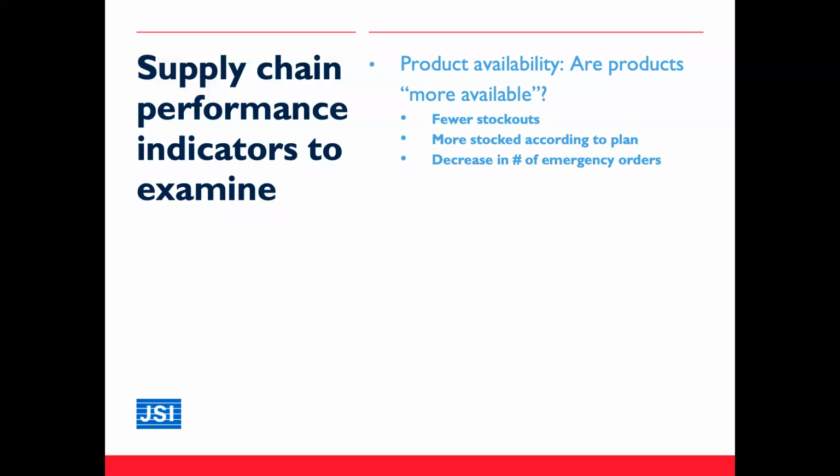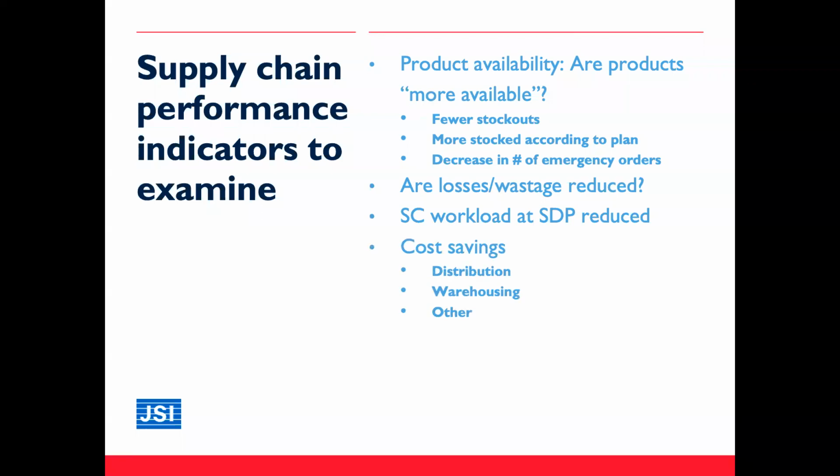Or has there been a decrease in the number of emergency orders? Have we reduced losses or wastage? Is the supply chain management workload on the service delivery point staff reduced? Have we achieved any desired cost savings, either in transport or warehousing or other aspects of our operations? Has data availability improved?